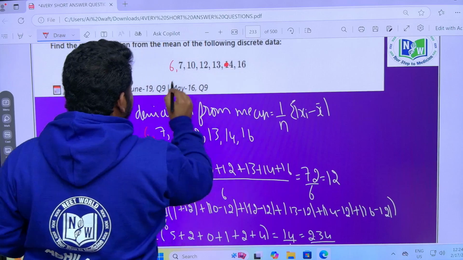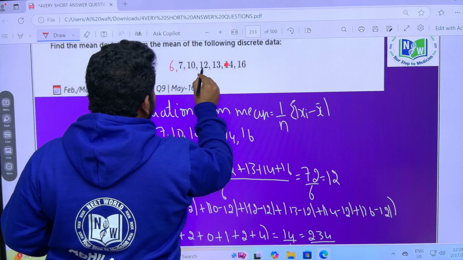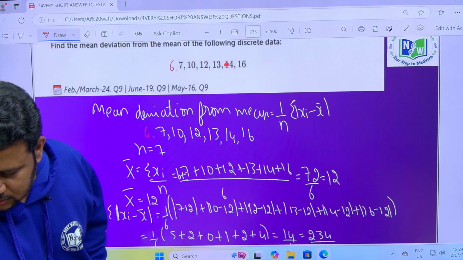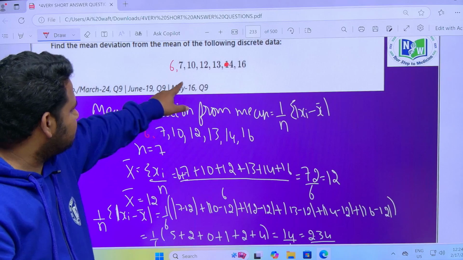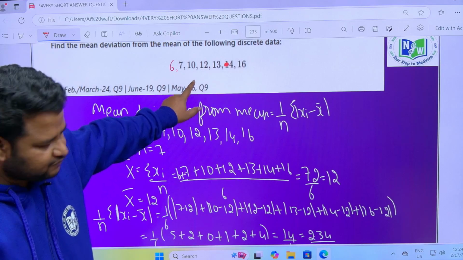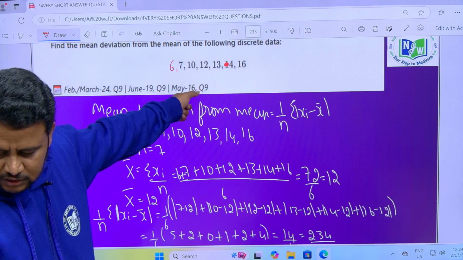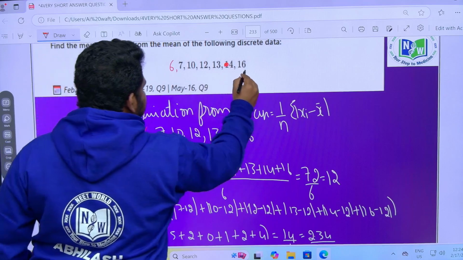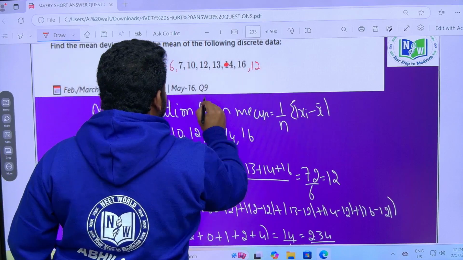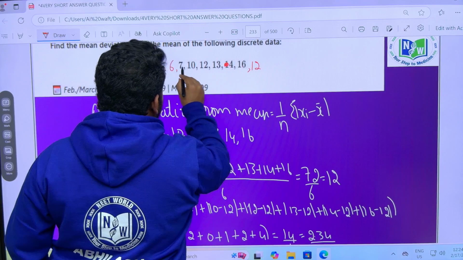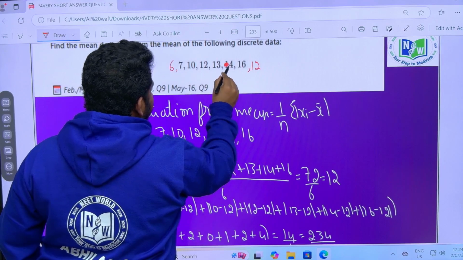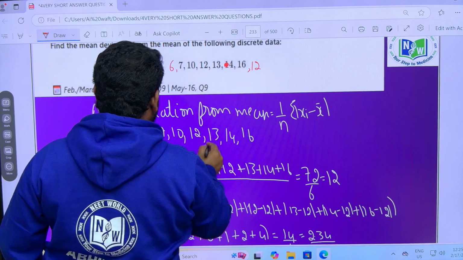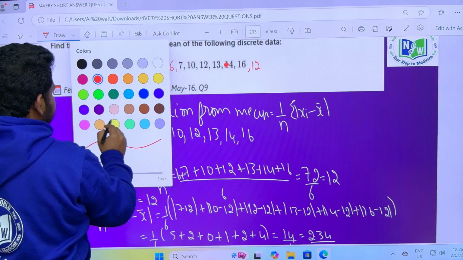This is 4. Okay, 1 2 3 4 5, 1 2 3 4 5 6 7. Okay, 6 7 10 12 13 4 and 16, and 12. Let me write it. 1 2 3 4 5 6 7 8. So there are 8 observations, so this will change.